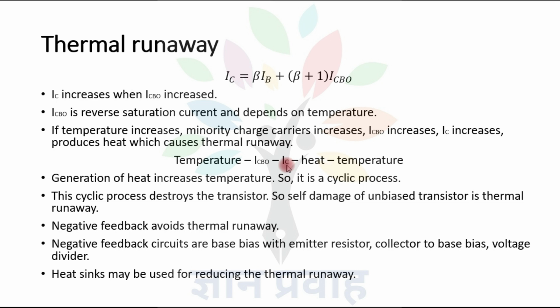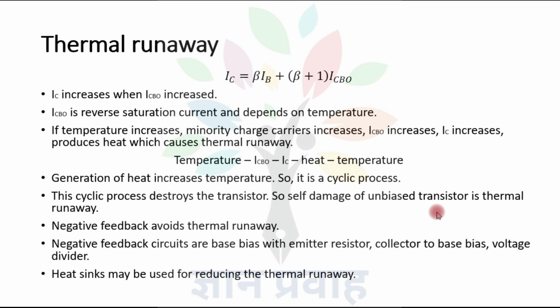If IC is increasing, it produces heat, and heat causes temperature rise. It means it is a cycling process, and this cycling process destroys the transistor, or it is called self damage of the transistor, and this condition is the thermal runaway condition. So we must avoid this thermal runaway condition by applying some methodologies.